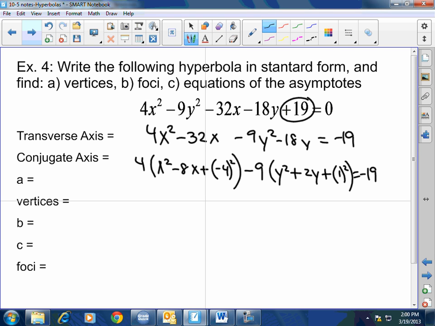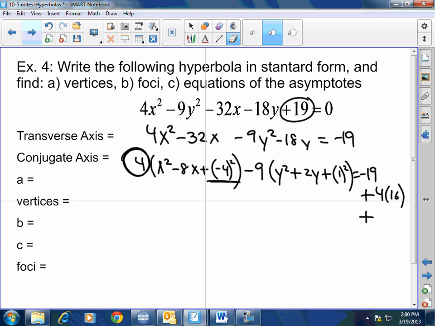Now here's the part that you got to be careful with. Plus the 4 that you pulled out times the negative 4 squared. So that's going to be plus 4 times 16, minus the 9 you pulled out times 1 squared, so times 1.